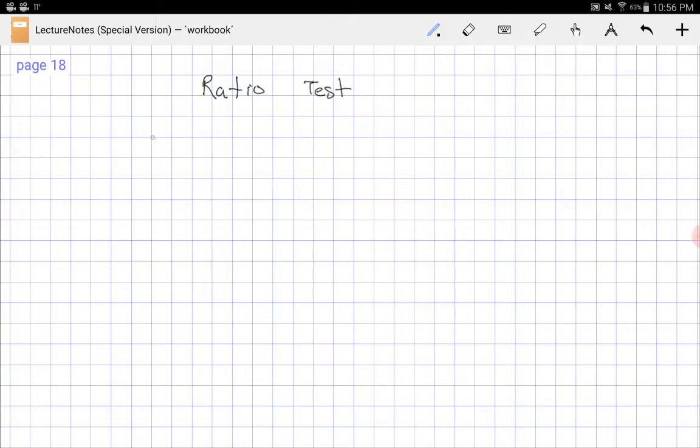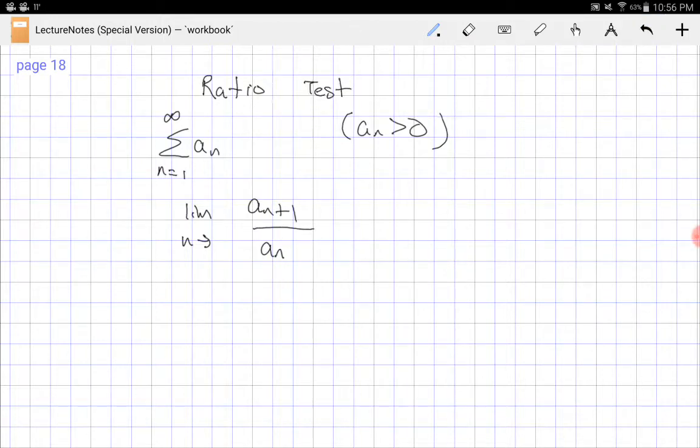The ratio test basically says that, say you have some series of a_n where a_n is greater than 0. So once again, our terms have to be positive, from n equals 1 to infinity. If the limit as n goes to infinity of a_(n+1) over a_n is less than 1, the series will converge.